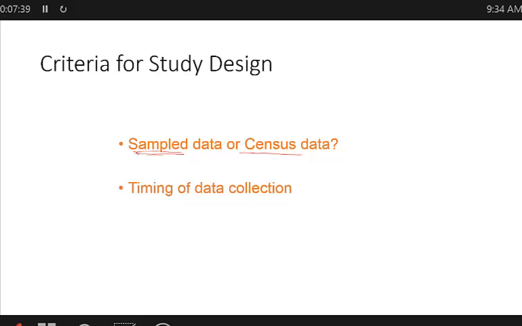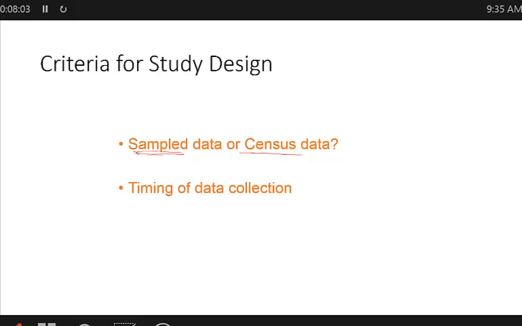Census data is data systematically collected on every patient in a group, i.e. a cohort of a patient. So you identify a group of patient or group of people, and then you measure every single one in the defined cohort. Okay, so that's what we call census data.